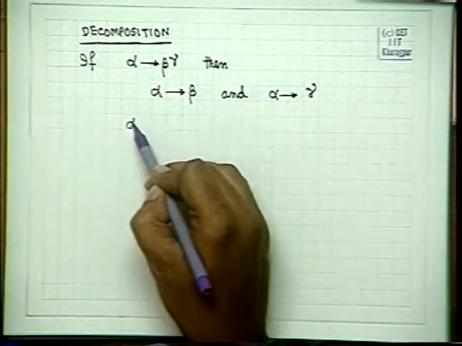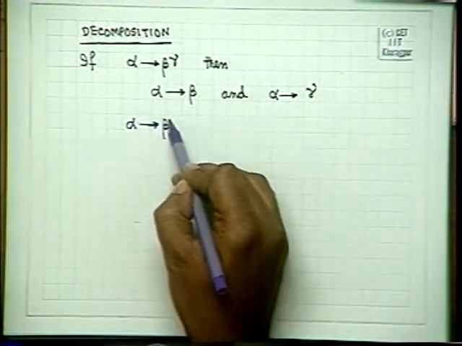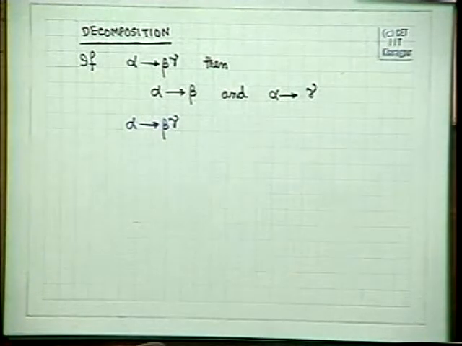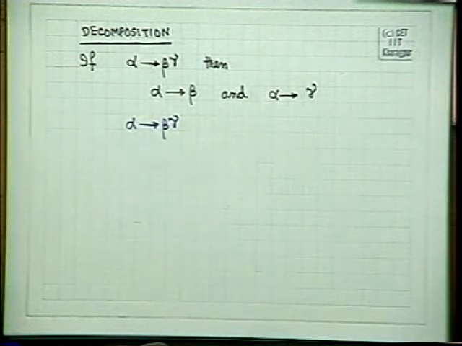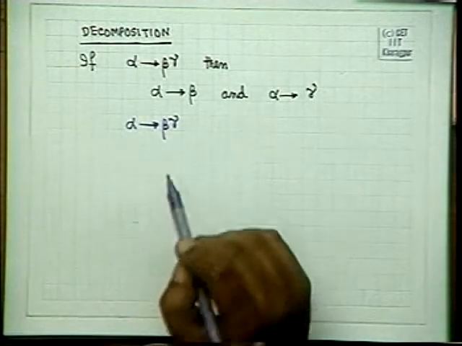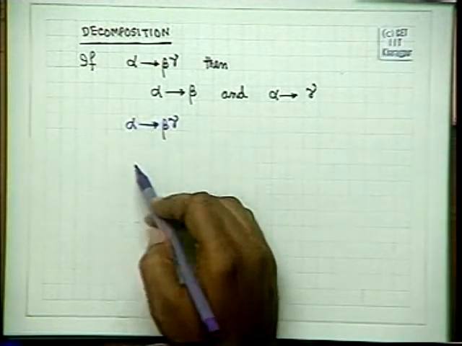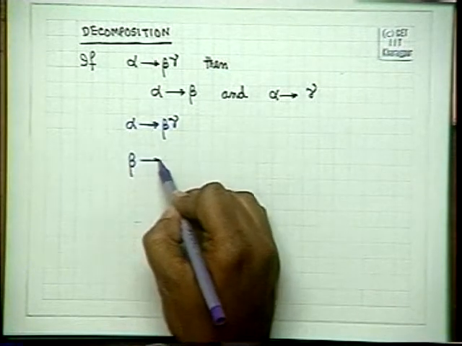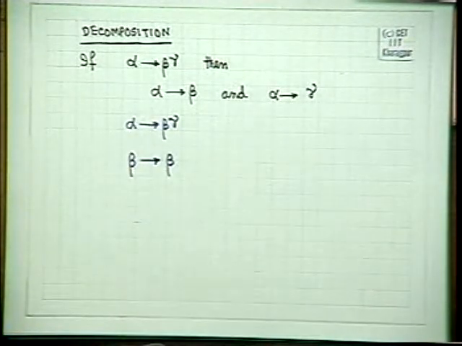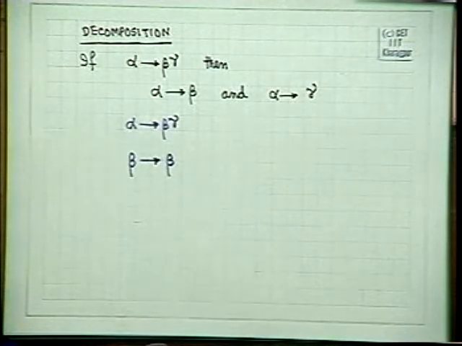We have got alpha to beta gamma, and we have got the reflexivity rule, which says beta gamma to beta.